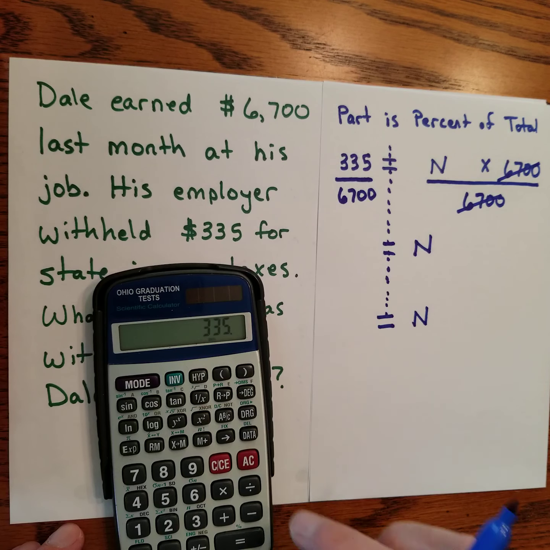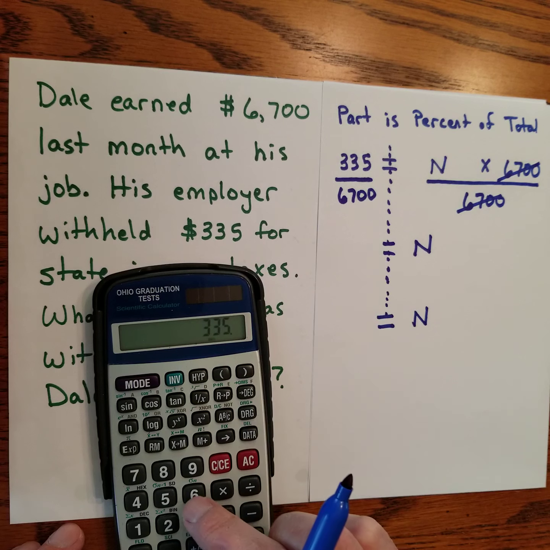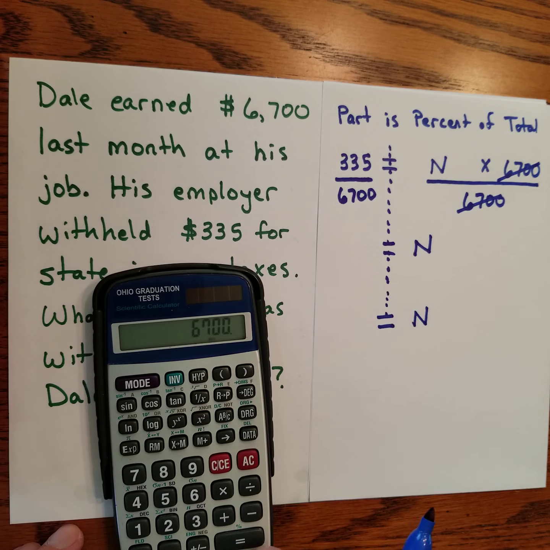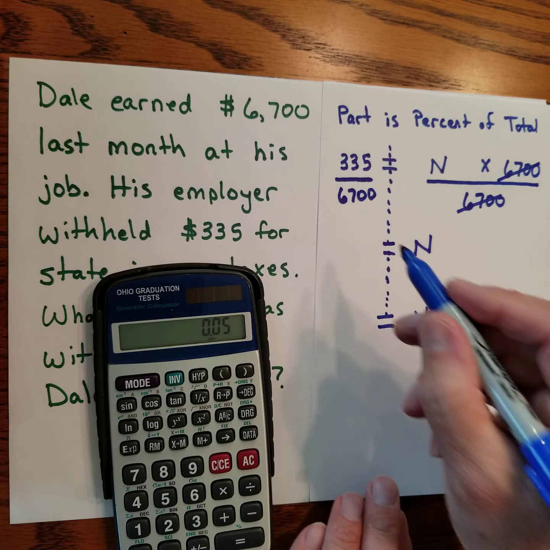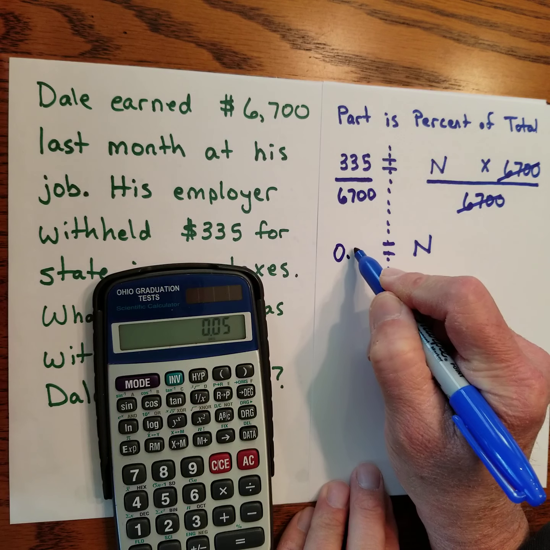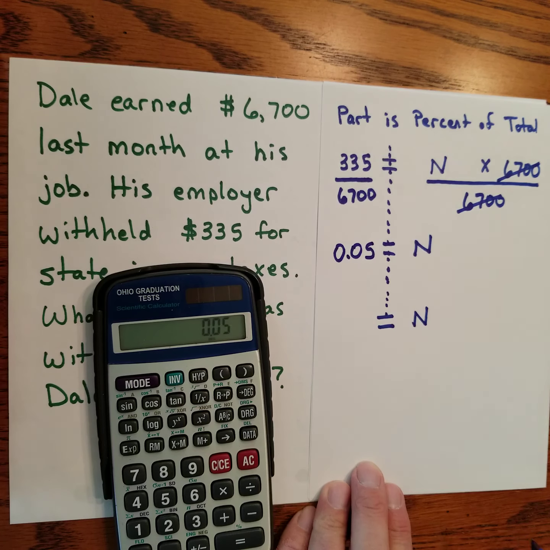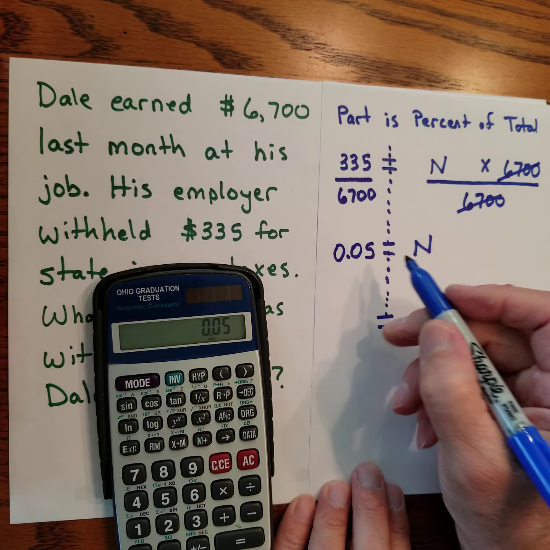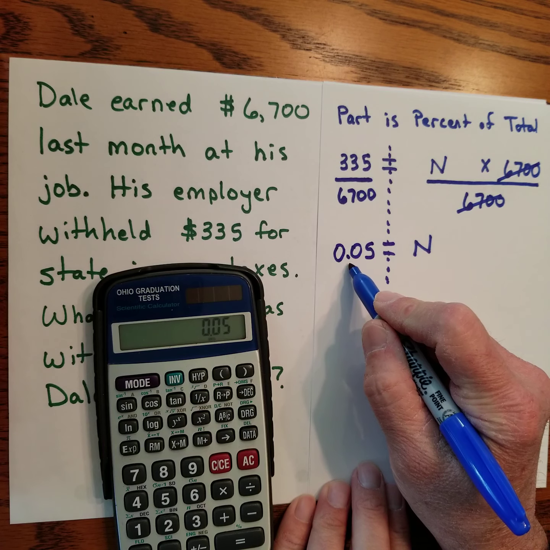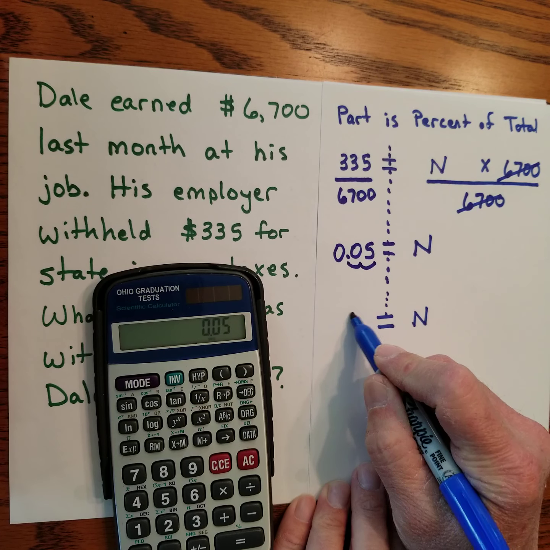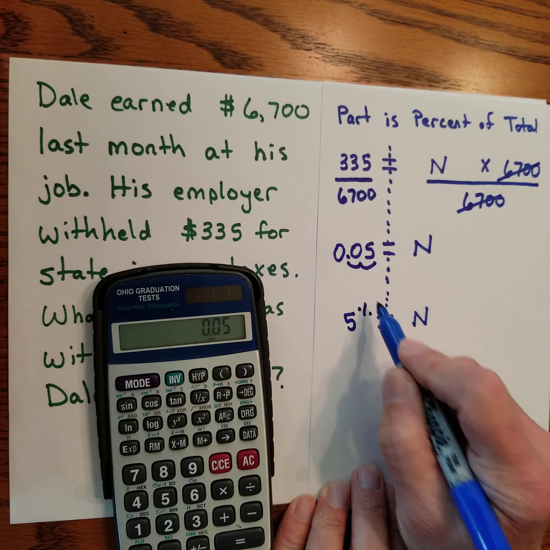It's 335 divided by 6,700 equals. My calculator says 0.05. That's a decimal. Let's change it into a percentage. 5%.